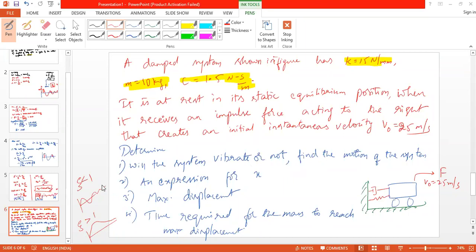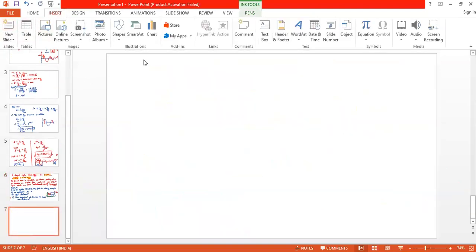If zeta is less than 1, then I need to find the equation for x, and then the maximum displacement. So those things we can derive. First, let us answer the first question: I need to find the value of zeta first.